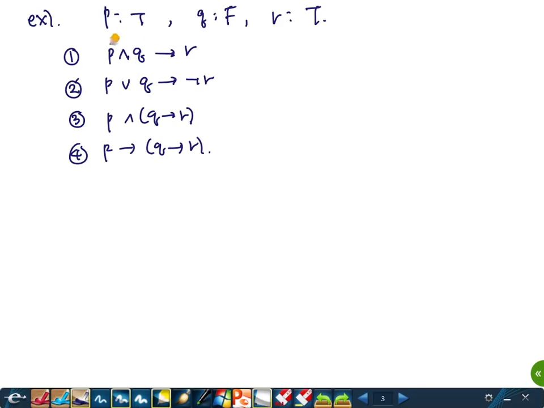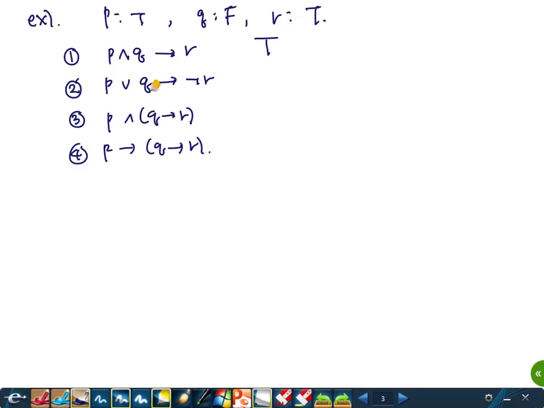What is the truth value of this? P and Q, true and false. That will be false. So the assumption was false. That means you don't even have to look at this. It's going to be true, because this is false. It doesn't depend on the truth value of R, because it is already false over here.